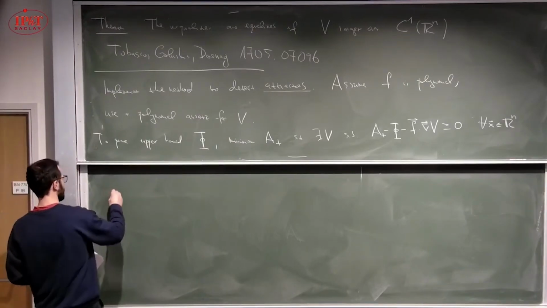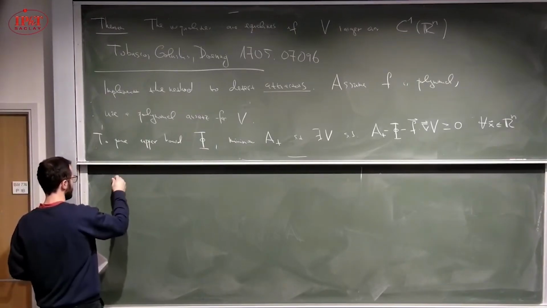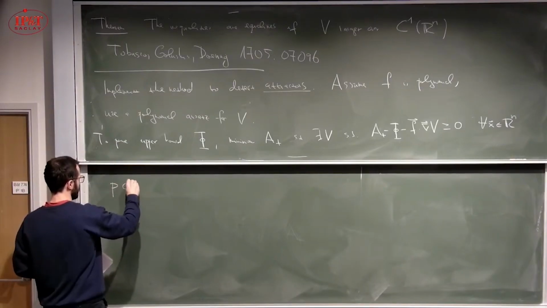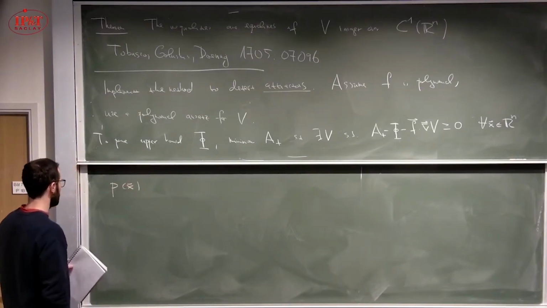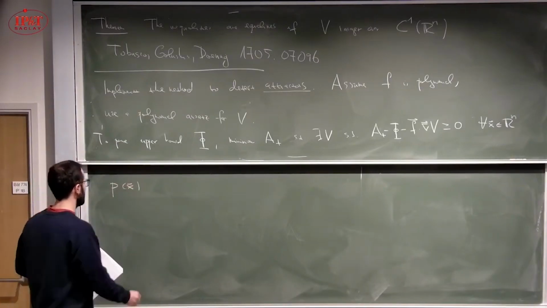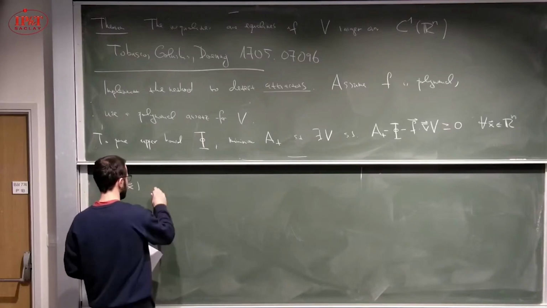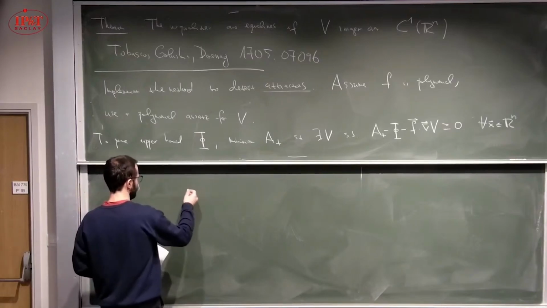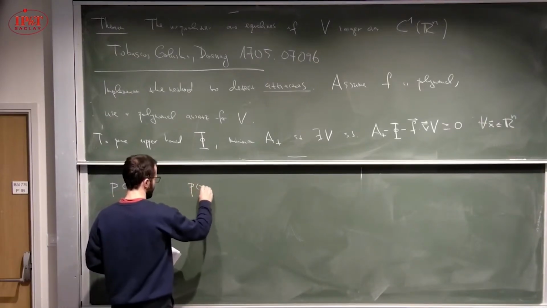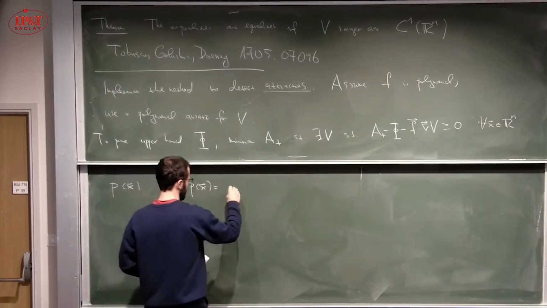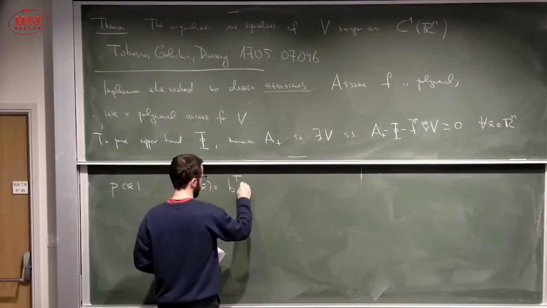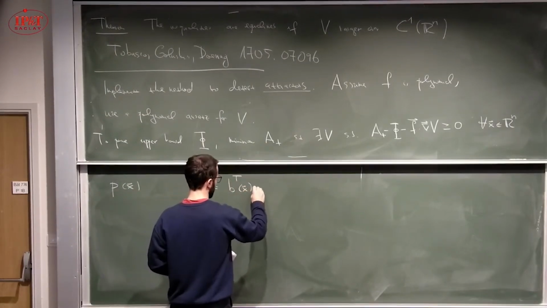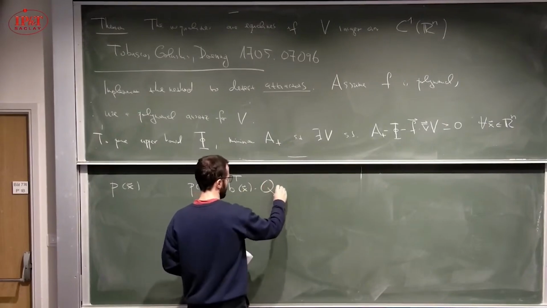So suppose you have some polynomial P, and imagine that you can write P in this way.